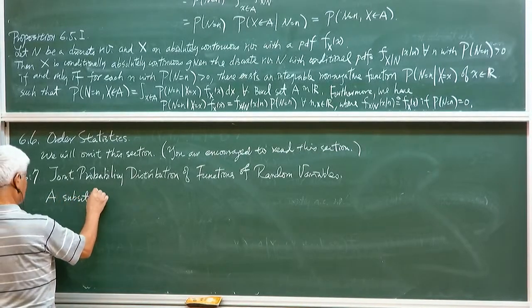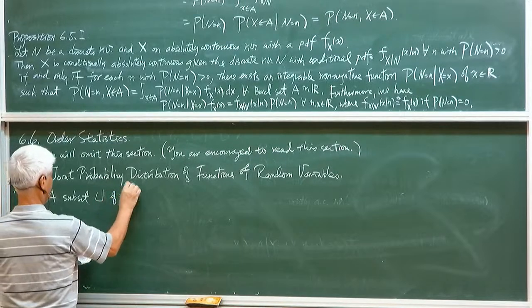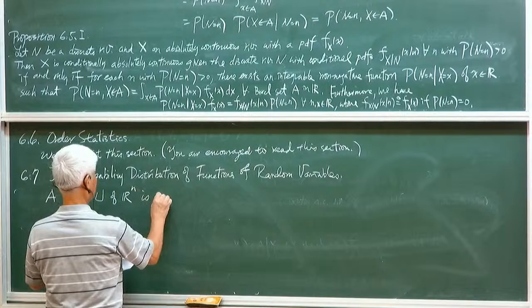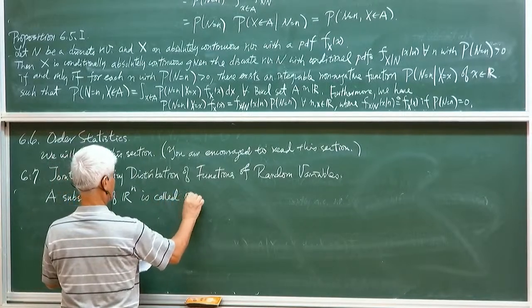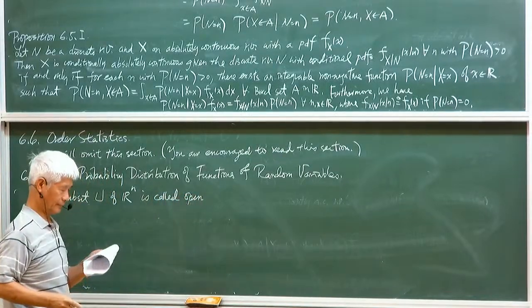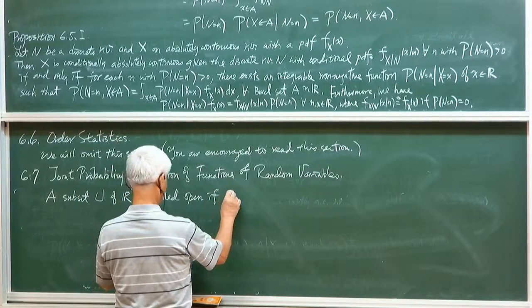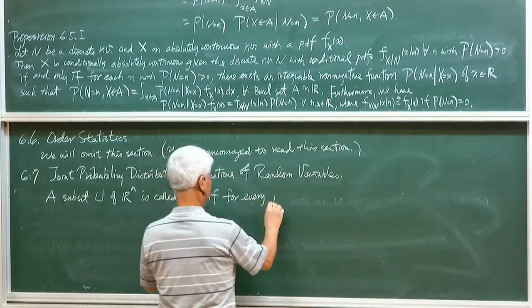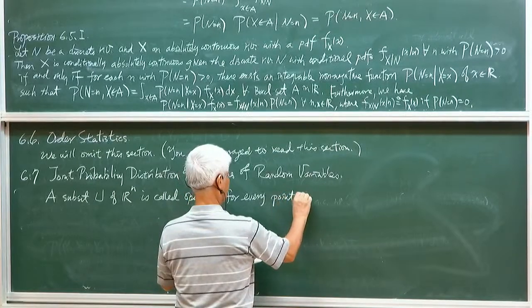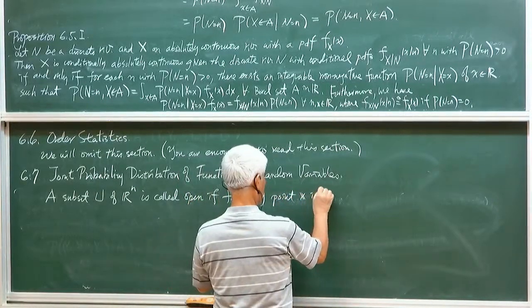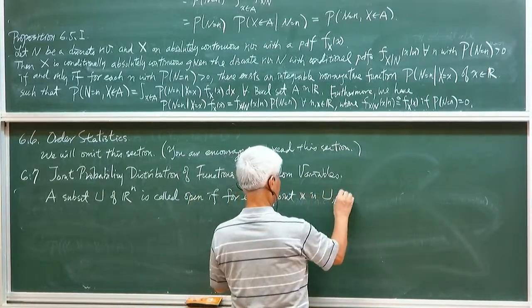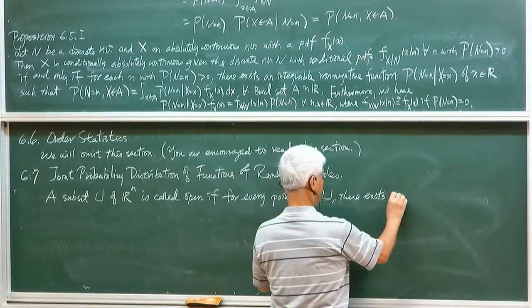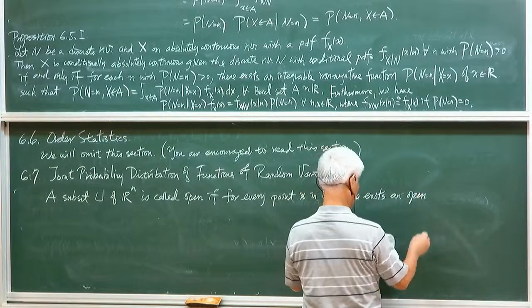A subset U in n-dimensional Euclidean space is called open if for every point x in U, there exists an open n-ball.